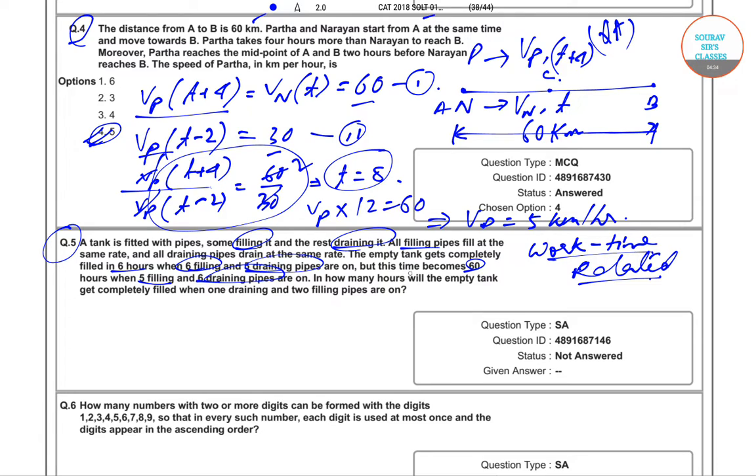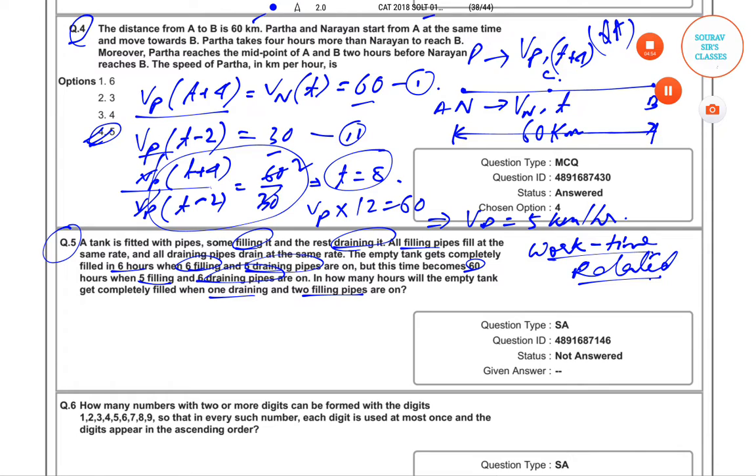Now we have to find out in how many hours that empty tank will be filled up if we have 1 draining and 2 filling pipes. This is the question we have to solve. Since this problem is somewhat lengthy and there is a lack of space, I will insert a new blank page and then proceed.